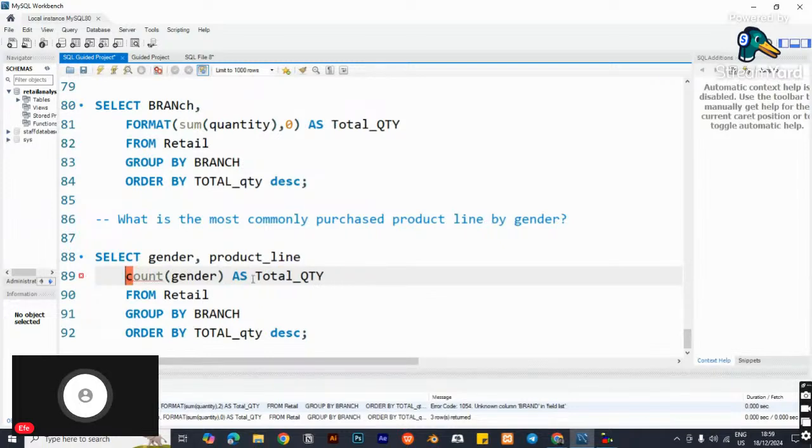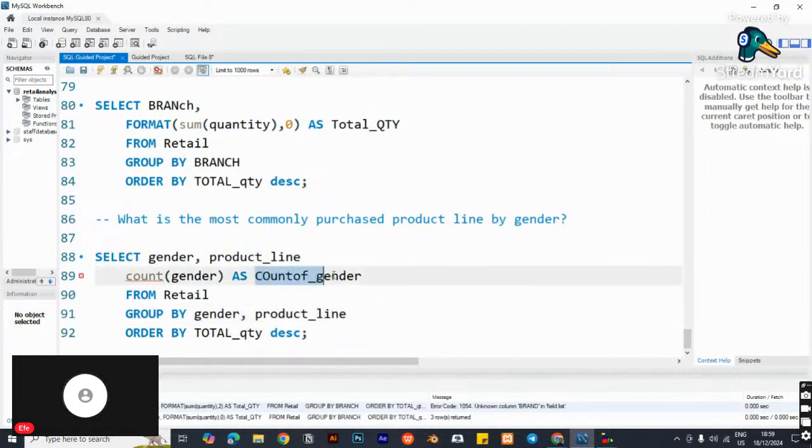So as you can see, count of gender, okay, from retail, group by gender and product line. Okay.